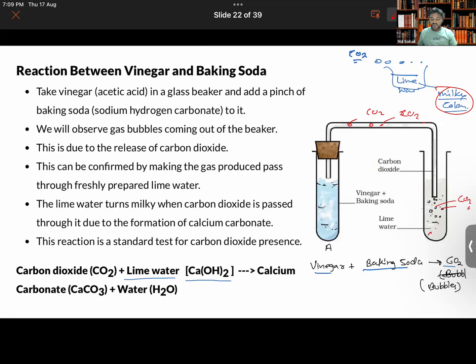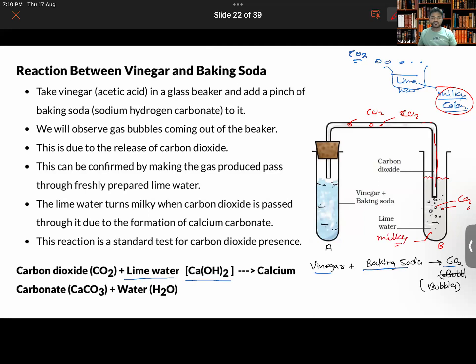The test tube B already has lime water in it, up to this mark. Via this hollow tube, the carbon dioxide gas is coming into test tube number B, and the color of the lime water will start turning to milky color.